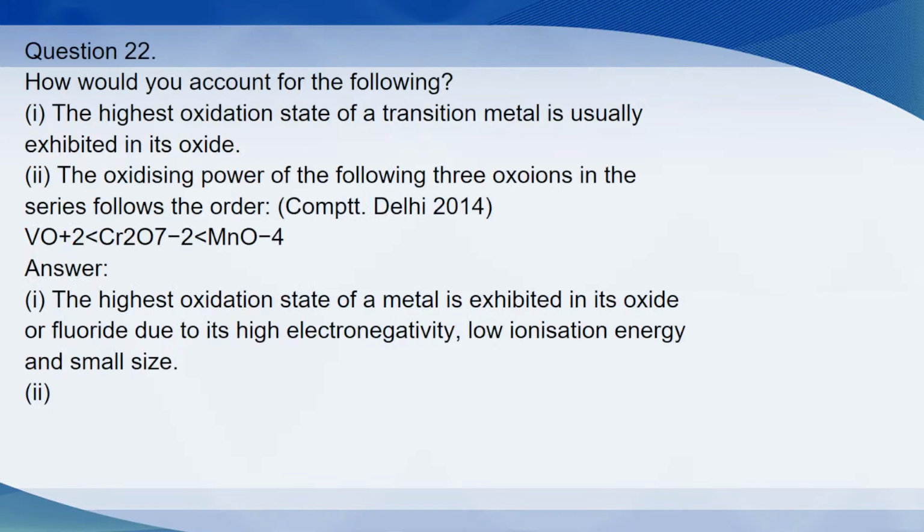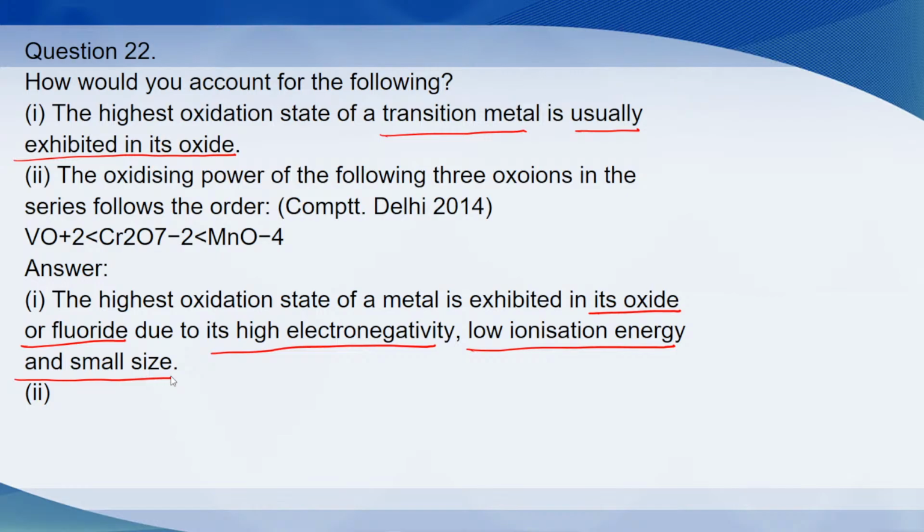Next question. How would you account for the following: that the highest oxidation state of a transition metal is usually exhibited in its oxides? The highest oxidation state of a metal is exhibited in its oxides or fluorides because of their high electronegativity, low ionization energy and small size. And why usually oxides?